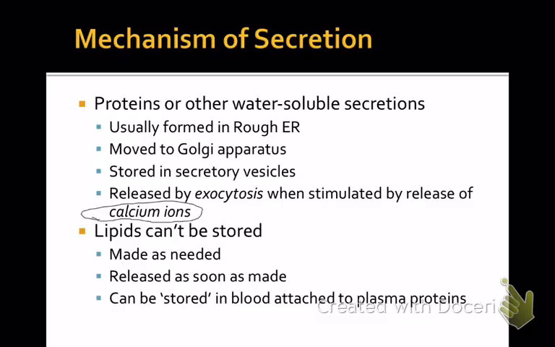If it's a lipid substance, like our steroid hormones, you can't store them in a cell. Steroids, like cholesterol, will zip right through the lipid bilayer. They're small lipids. You can't hold them in a cell.